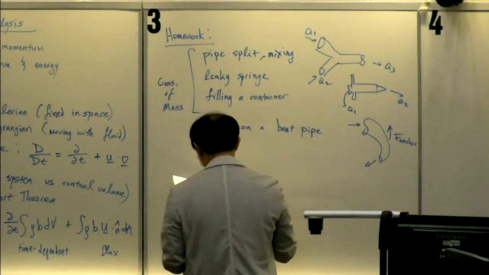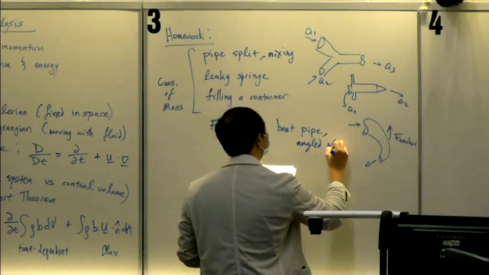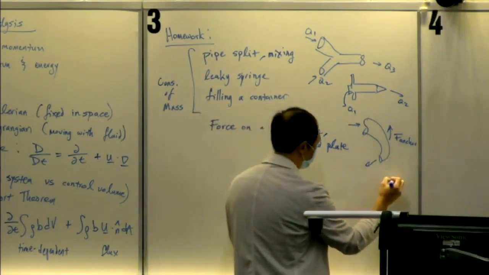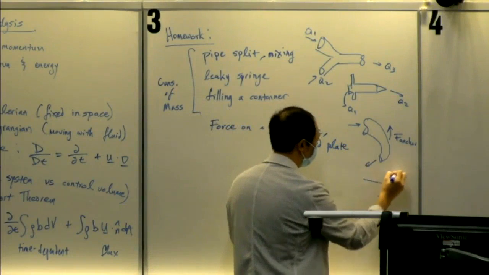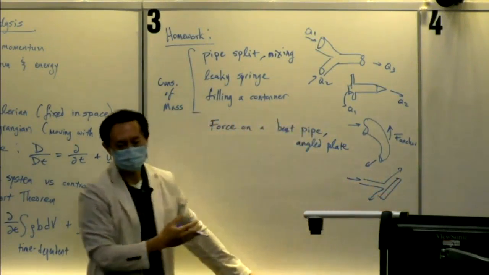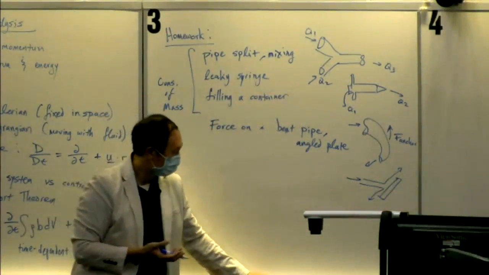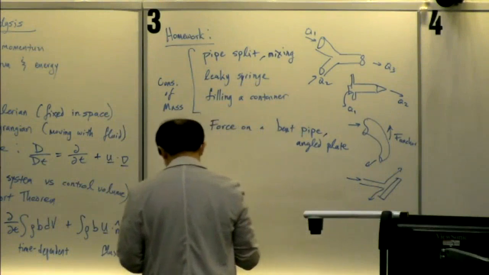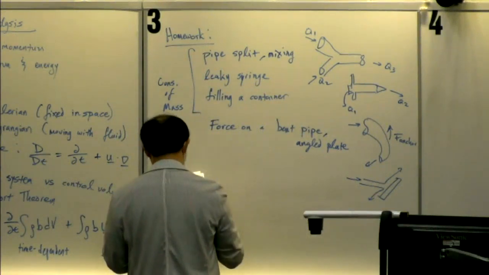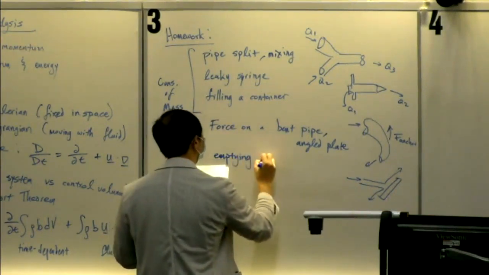So force on a bent pipe or an angled plate, the concepts are very similar. The only difference for an angled plate is that this is a free jet, so you don't have to consider the pressures. Emptying container. Actually, we'll talk about rockets and how they worked.